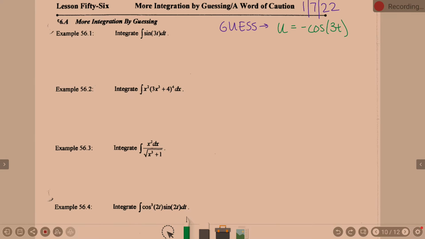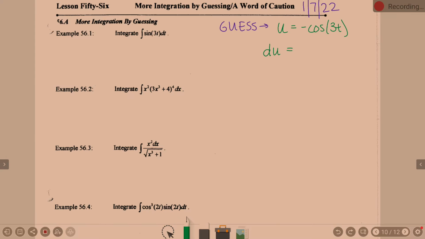How do I check my guess? Well, we take the derivative. We take the derivative of it, right? So the derivative of u is du. The derivative of negative cosine of something is sine of that something, right? Because the derivative of cosine of something is negative sine of something.